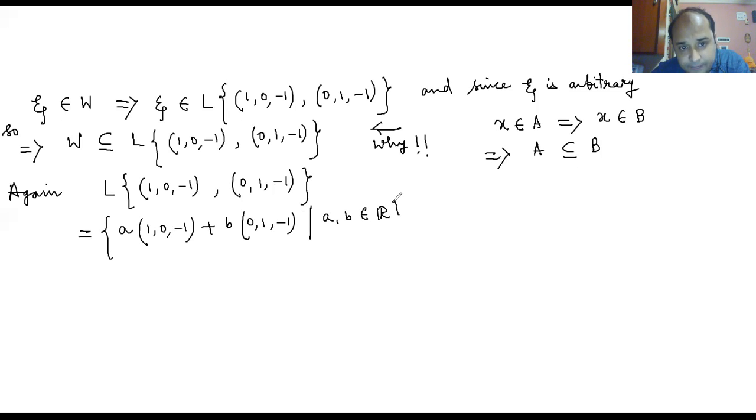That is the set under consideration. So this set is actually a subset of W. Why? Try to recall a result which I discussed.